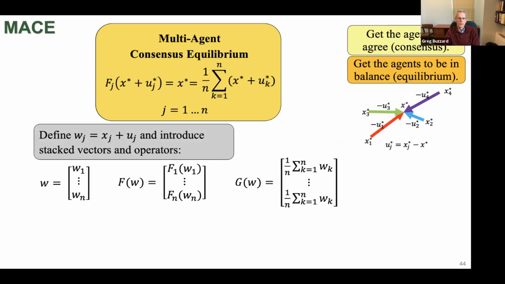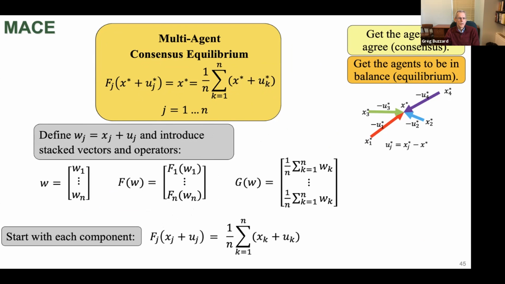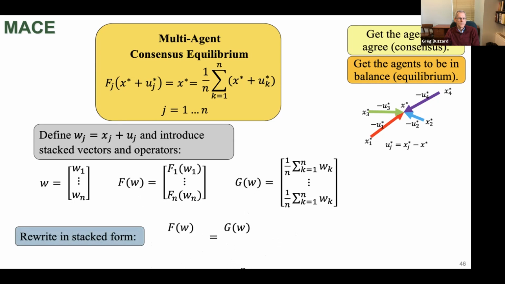So this is like a MapReduce algorithm in parallel computing. So then we can do a little bit more rewriting in terms of these stacked variables. And so then the consensus equilibrium condition just becomes this nice equation, F of W equals G of W.